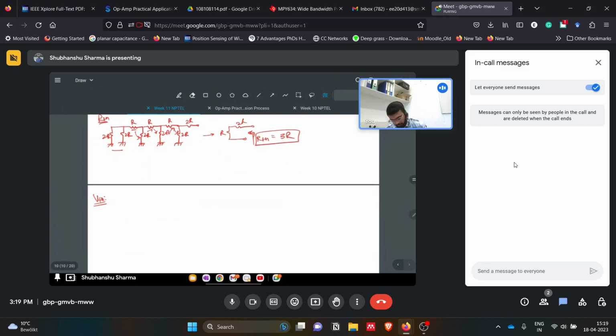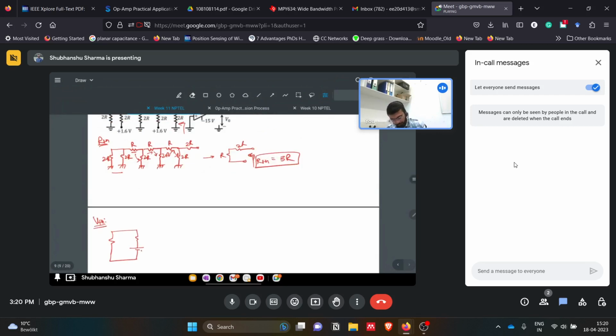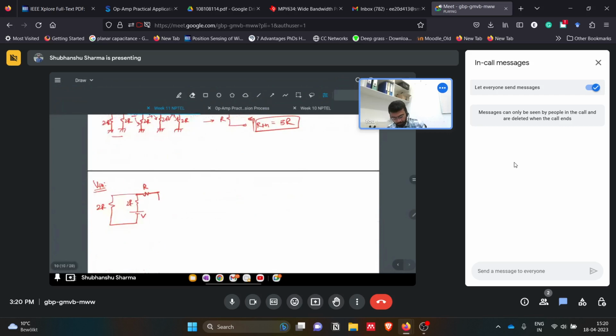So for VTH, we'll just draw the circuit again. This is V, let's say 1.6 volts. We are taking it as V. This is 2R, 2R. We have one resistor here, R. Then we have 2R.